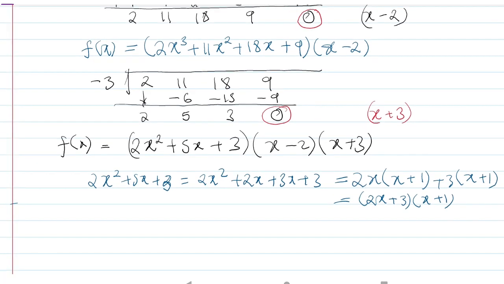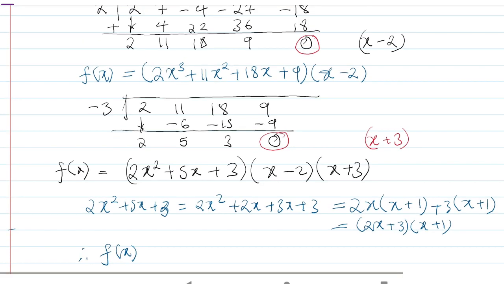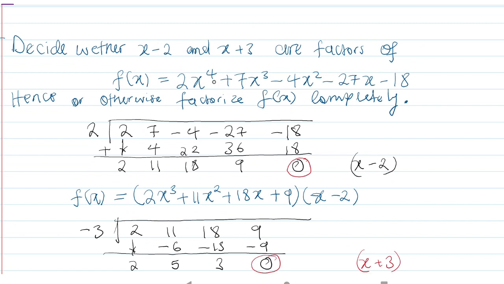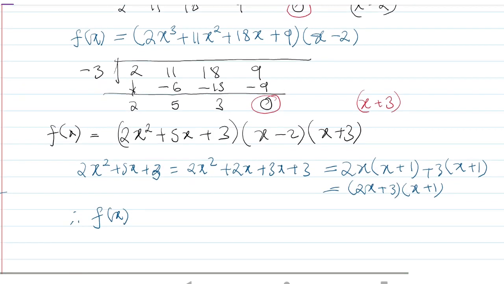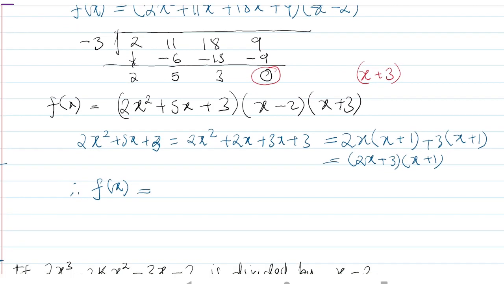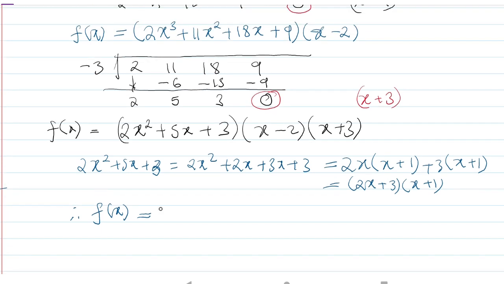All right. So therefore, our polynomial, which was 2x power 4 plus 7x power 3 minus 4x squared minus 27x minus 18, becomes, so the first factor we said it was x minus 2, and the second one is x plus 3, and the third one is 2x plus 3.